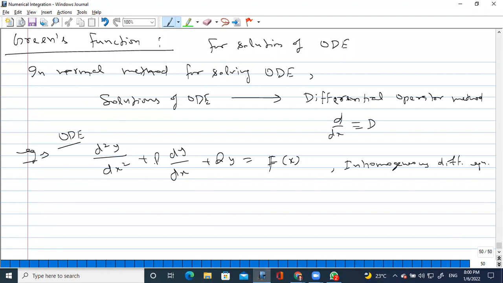So this whole thing we can convert as d2y over dx square plus d by dx also. We can put d by dx equal to D, and we can put d2 over dx square equal to D into D minus 1. Okay, so this is the replacement.